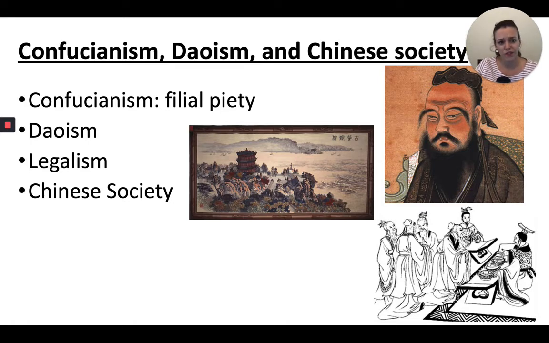It really influences how people interact with each other and continues to influence relationships in China today. So Confucius is a scholar. He's unable to find employment as an official or an advisor, and so he attracts students who listen to what he's teaching. He looks back at the early Zhou period, the Western Zhou period, kind of as this golden age.